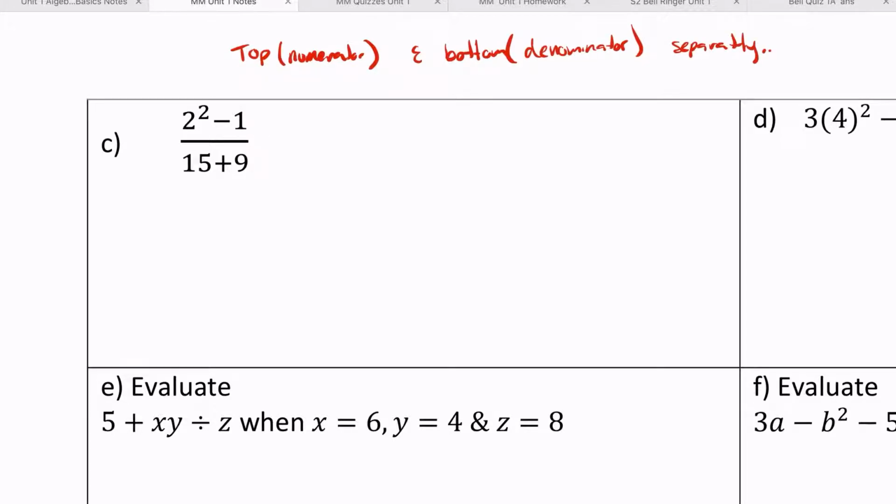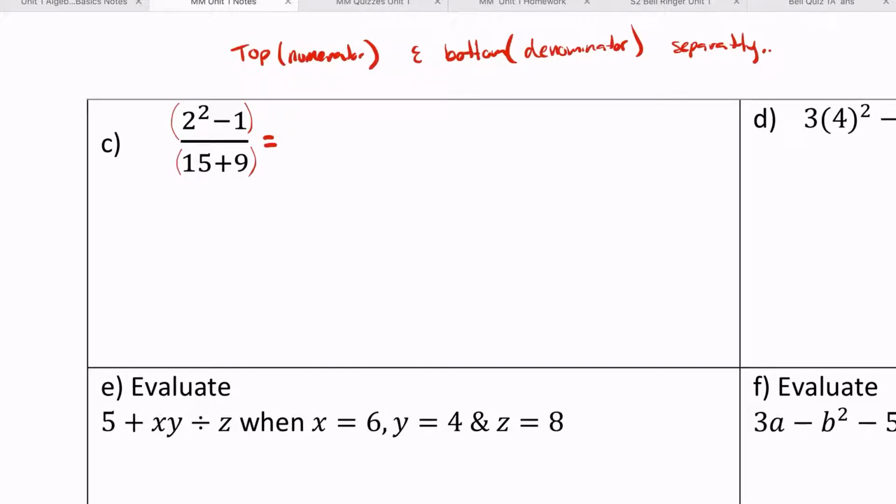Okay, so we want to evaluate the top, and then we want to evaluate the bottom, and then we can take care of that fraction. So for this one, we're just going to focus on the top. I kind of like to say, whenever we have fractions, this is almost like we have a parenthesis on the top and a parenthesis on the bottom, and we need to evaluate those first before we can do anything else.